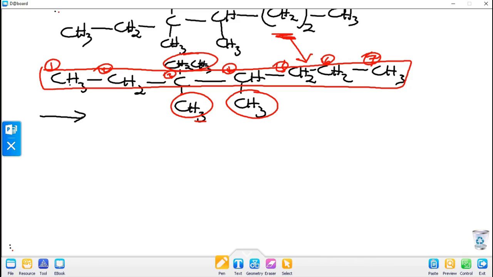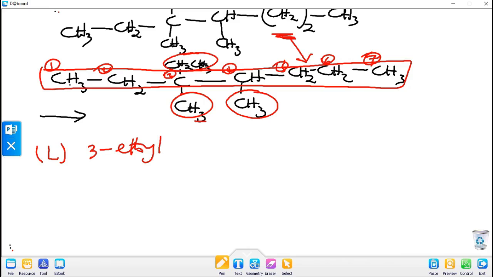Since there are 7 carbon atoms, of course, the name of this hydrocarbon, beginning from the left-hand side, we end with heptane. So, since my ethyl is attached to carbon 3, it means this is going to be 3-ethyl.